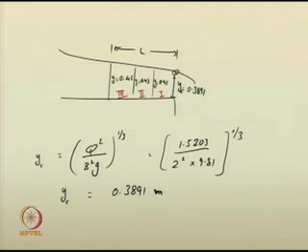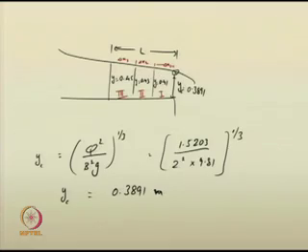The distance in each section, this is del x 1, this is del x 2, this is del x 3. The summation of del x 1, del x 2, del x 3 will give you the total length of the profile. So, that I am just going to do.